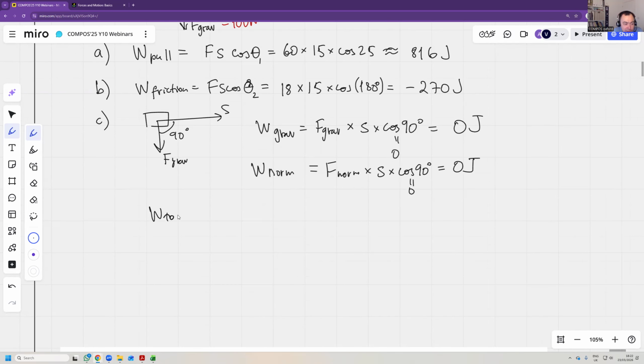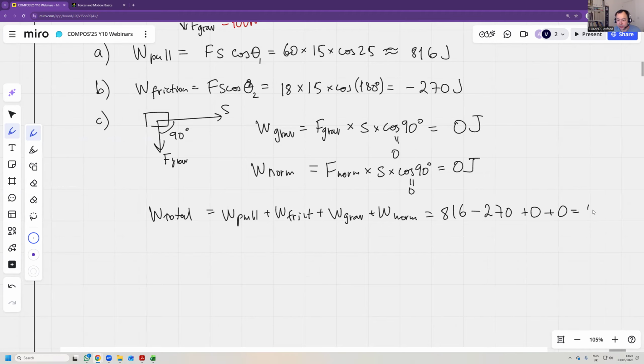So the total work is the work done by the pulling force, plus the work done by friction, plus the work done by gravity, plus the work done by the normal force. And this is 816 minus 270 plus 0, which is 546 joules. That's the total work done.